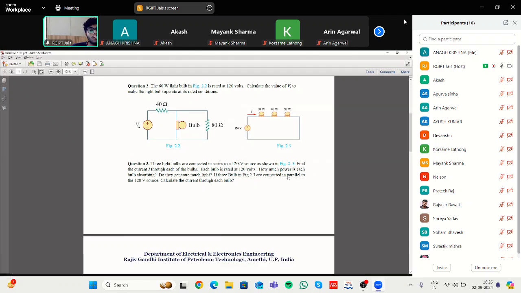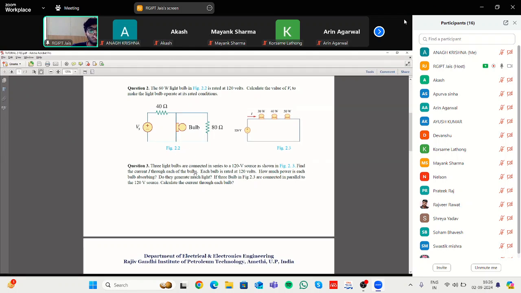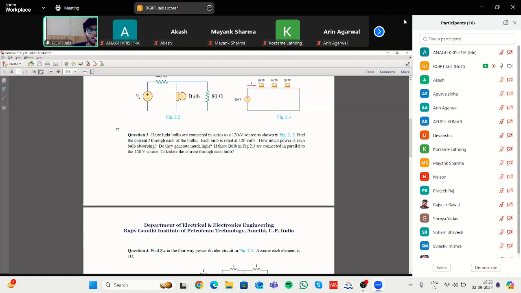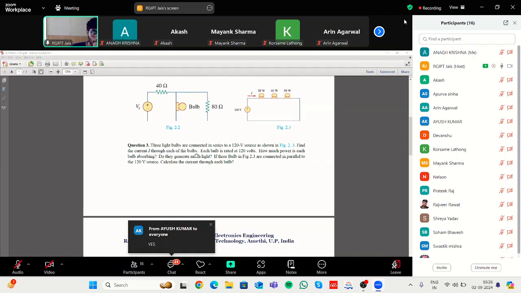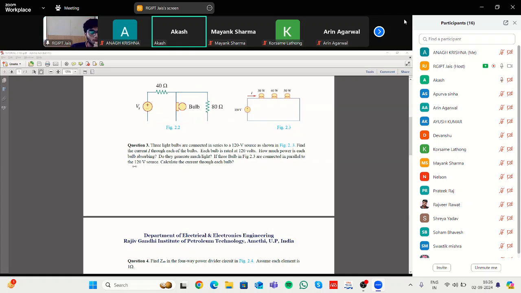So the first question here is to find the current through each of the bulbs. Okay, what about you, Akash? Have you solved this? Solving, sir.